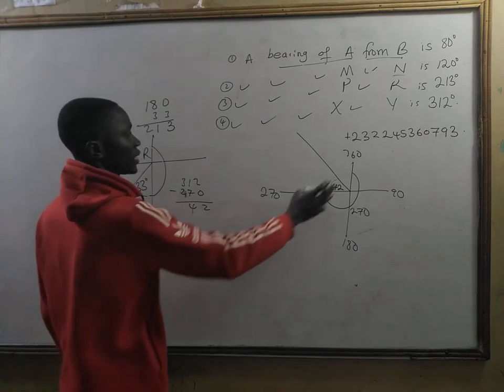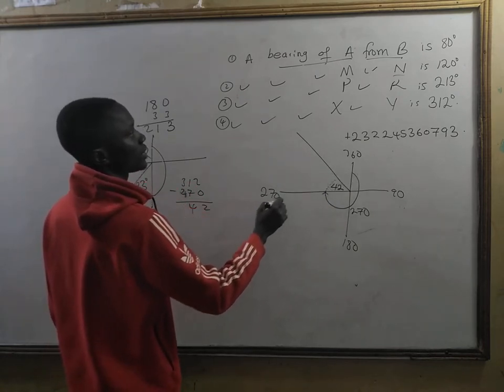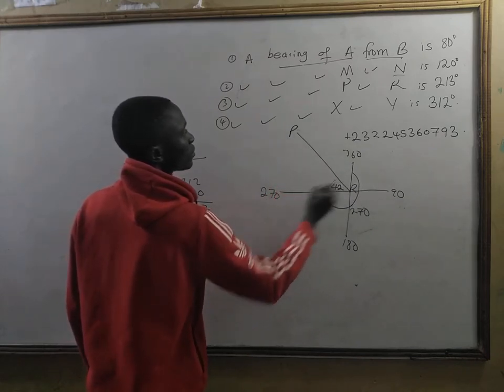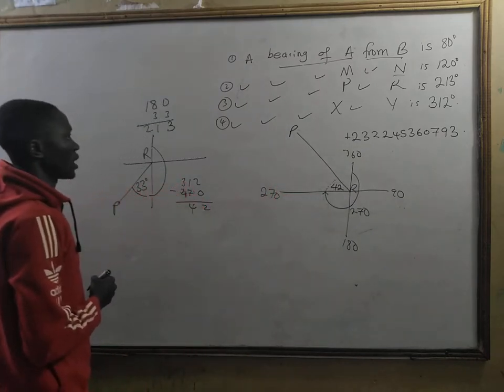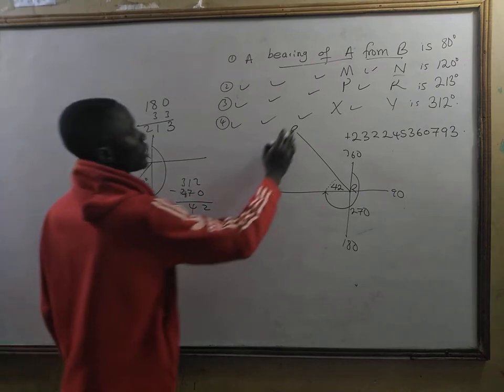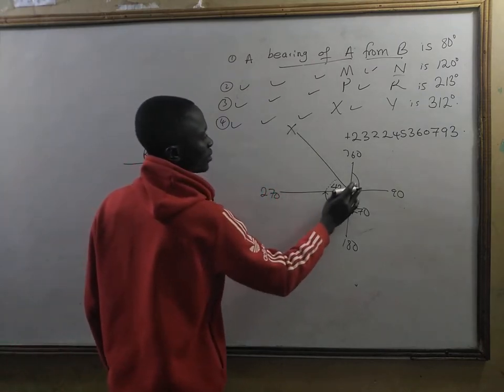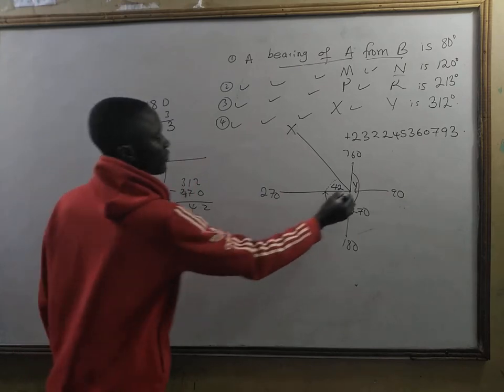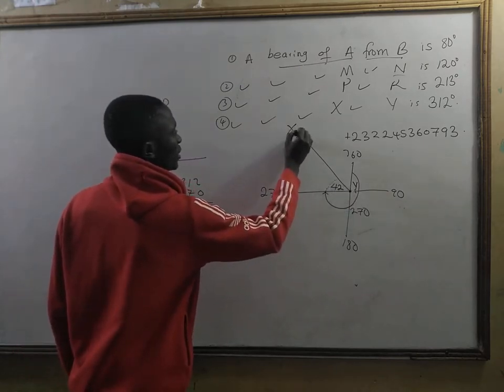So you can draw this one as, this is P from R. No, X rather. Sorry, X from Y. And in fact, Y is the point here, and X is this.